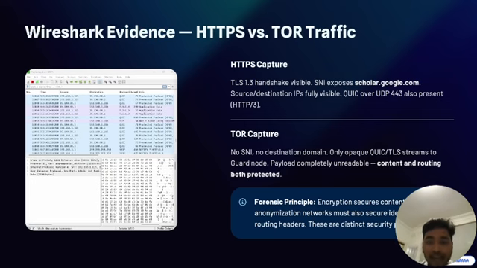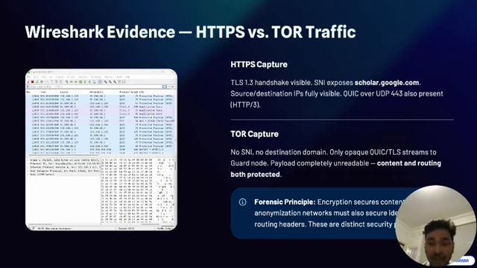About Wireshark evidence, we captured both HTTPS and Tor traffic using Wireshark. For HTTPS traffic, we observed that the Server Name Indication, or SNI, field revealed the destination domain name. Source and destination IP addresses were also visible. For Tor traffic, no SNI information or destination domains were visible.